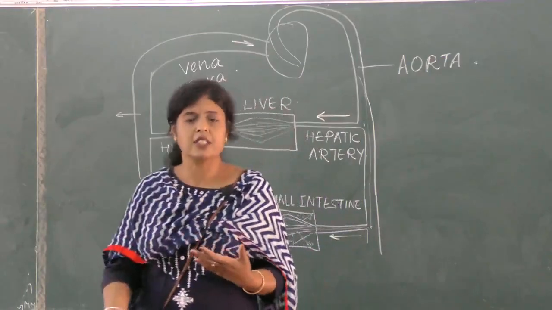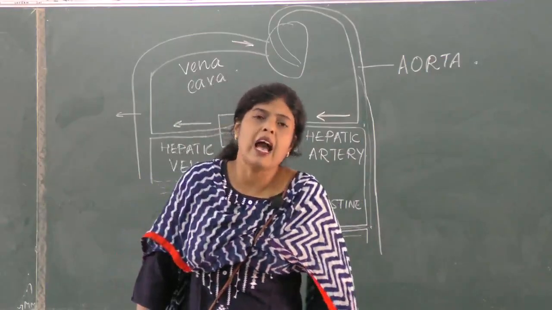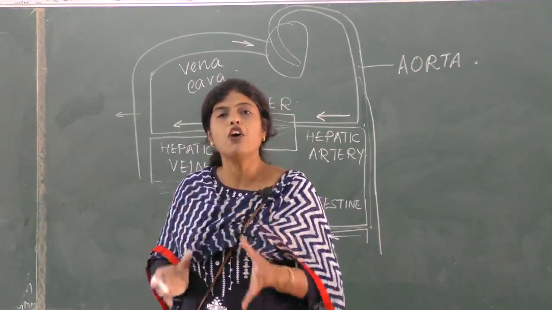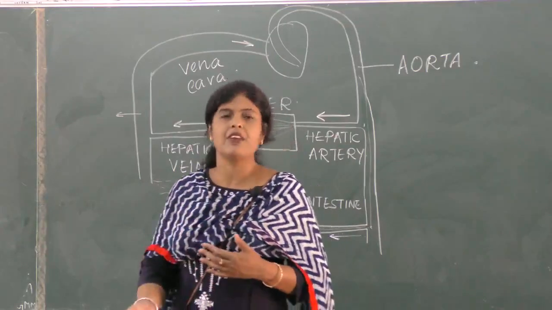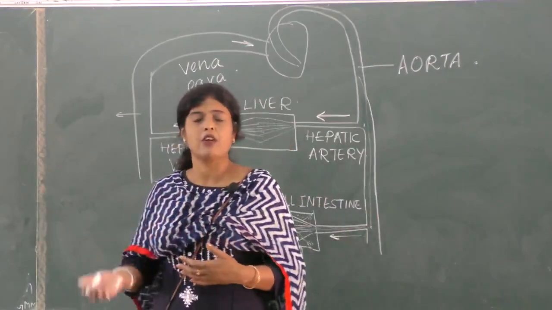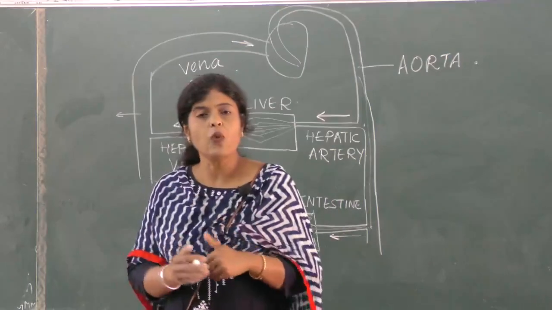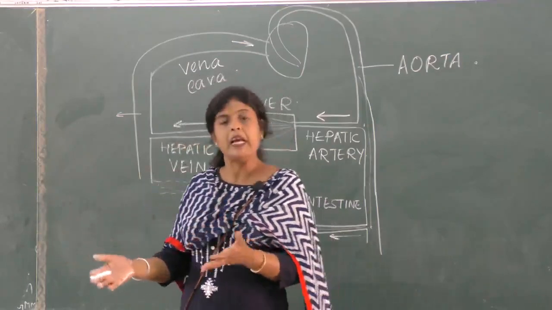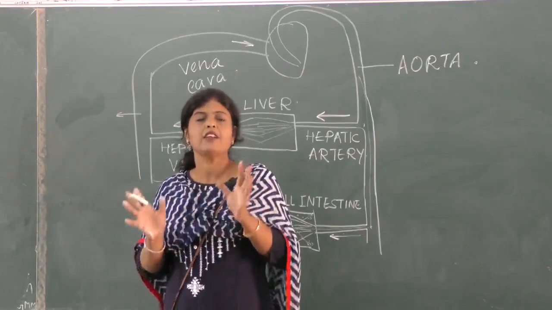Or just the opposite, suppose I am not doing much hard work, but I have taken a meal full of carbohydrate. I am giving the reference of carbohydrate, that will be easy for you, not amino acid or fatty acid and glycerol. Now suppose another thing may happen, that in my meal I have taken a lot of carbohydrates.